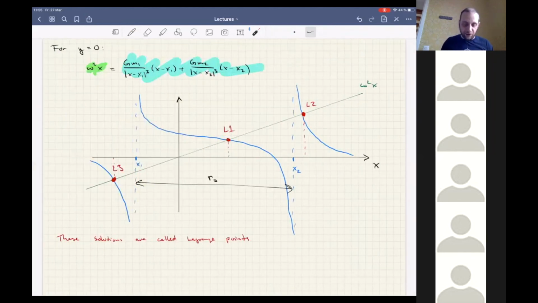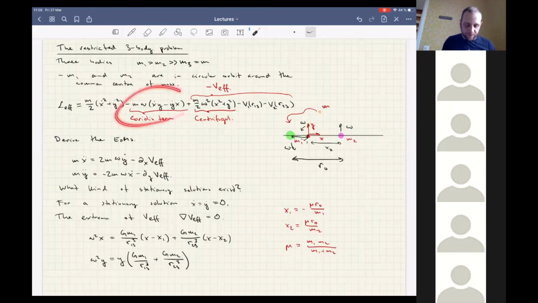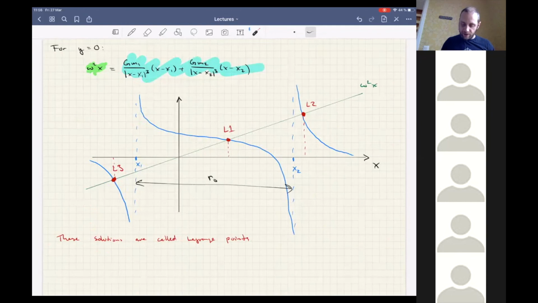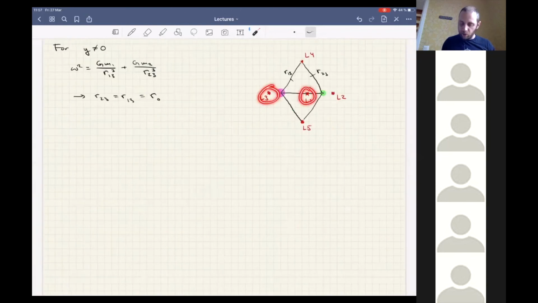However, there is this Coriolis term that makes it possible to have stable solutions around those Lagrange points. Whereas L3, L1, and L2, which are all saddle points of the potential, are actually unstable. So there you will need some extra input to keep a satellite there. But that's an analysis that we're not going to do.